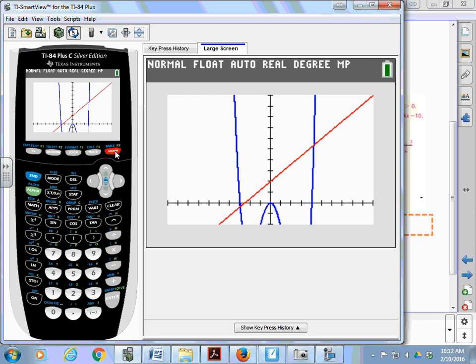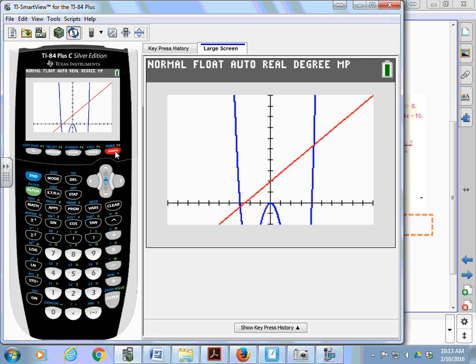So blue is bigger than red from this point on, which direction then? Left or right? Okay, to the left, right? Because when I go to the right, blue is below red. So here it would be from this point to the left, and here it's from this point to the right.